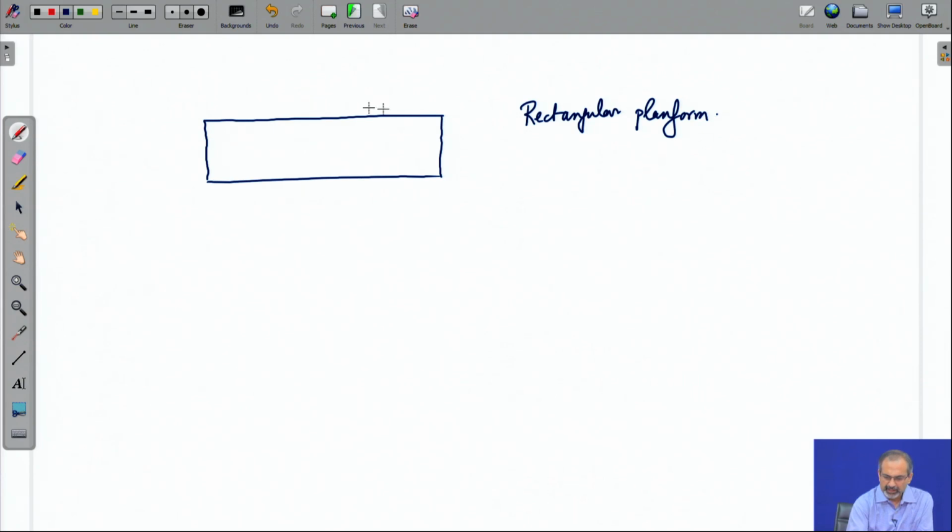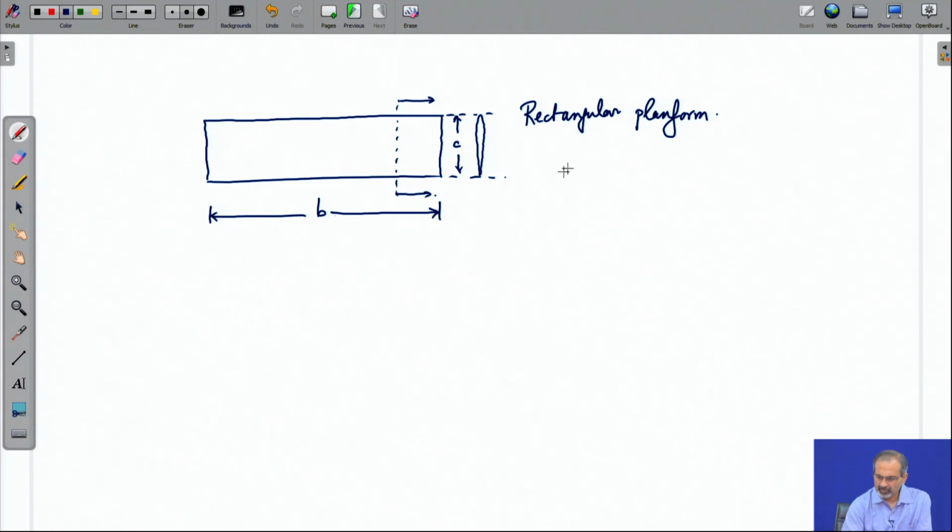So, if you were to take a section of the wing, let us say it has an airfoil section that will show up like this. This is the chord length. This is the span of the wing. The planform area would be B into C.